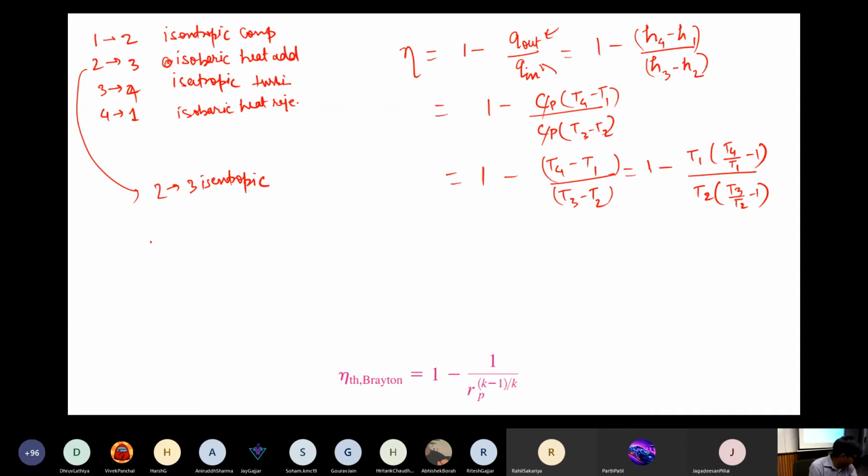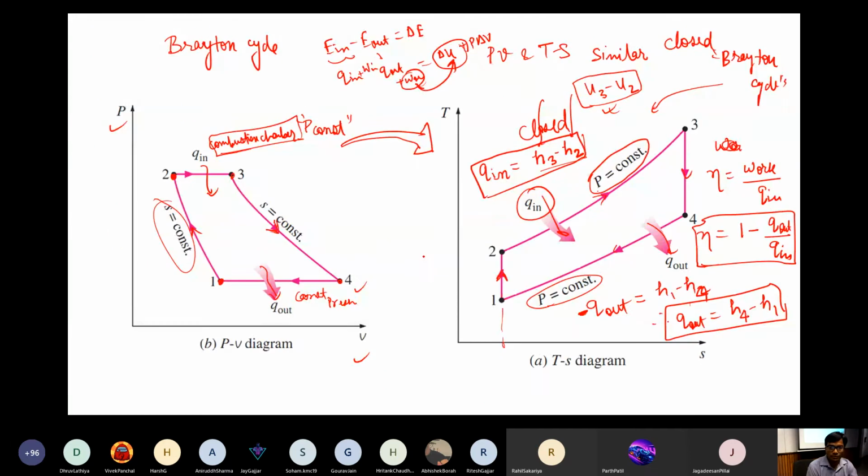For the isentropic relation, T2 by T1 is P2 by P1 to the power gamma minus 1 by gamma, the isentropic relation of ideal gases. We have seen that. So what is my P2 and P1? Let's suppose this is P2 and this is P1.